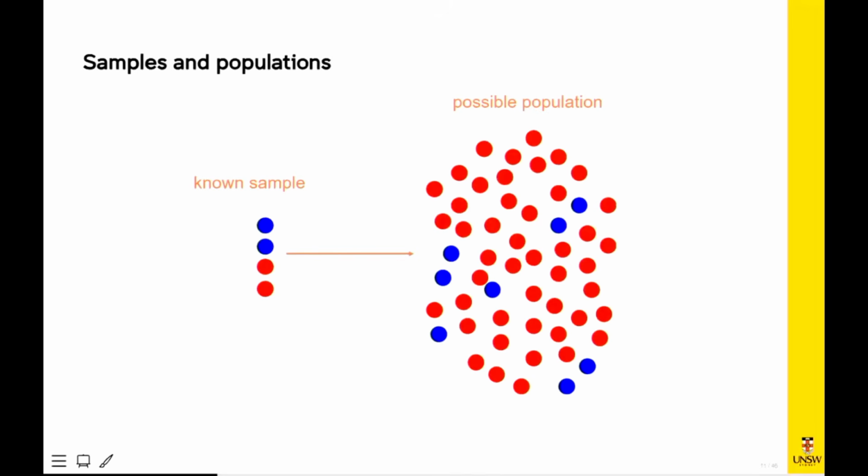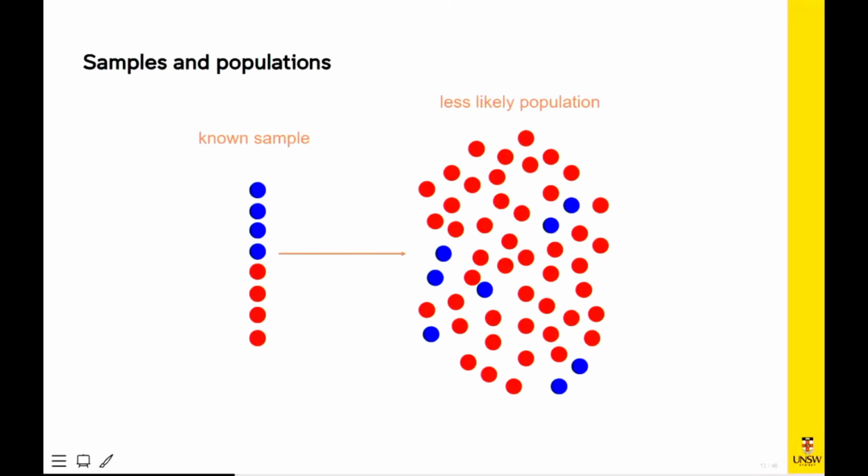So in this situation, I've got my 4 observations, and it's actually not a very good representation of what's going on, but I don't really know that, but this is the best guess that I have. Say instead I had a slightly larger sample. I have 8 circles, and my 8 circles are, again, 50% blue, 50% red.